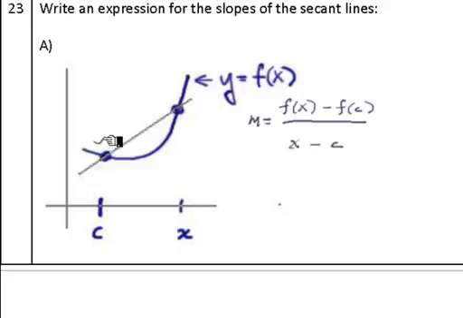After all, this point is c, f of c, and this point is x, f of x. So again, looking at the slope formula, here are the difference in the y's in the numerator and the difference of the x's in the denominator.